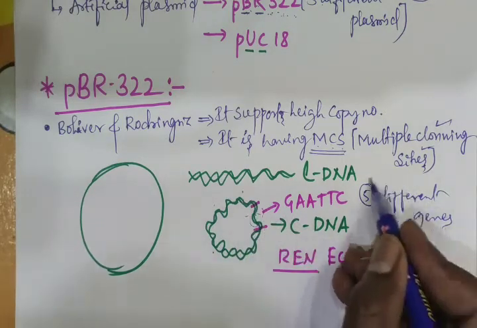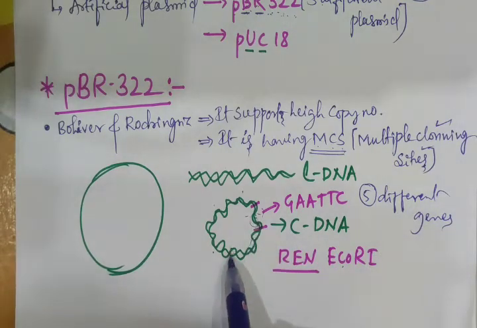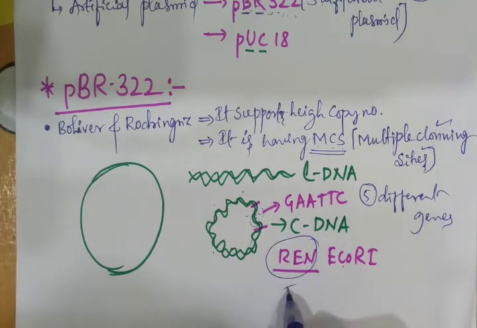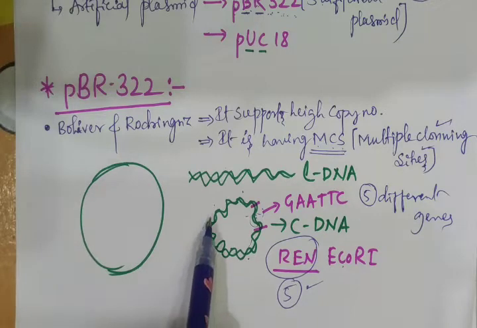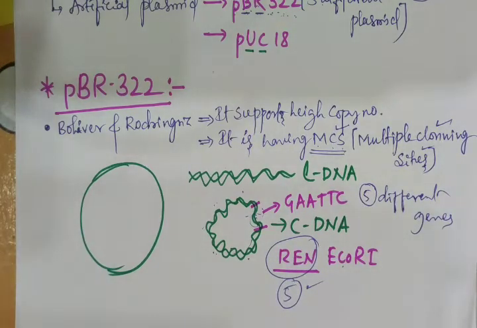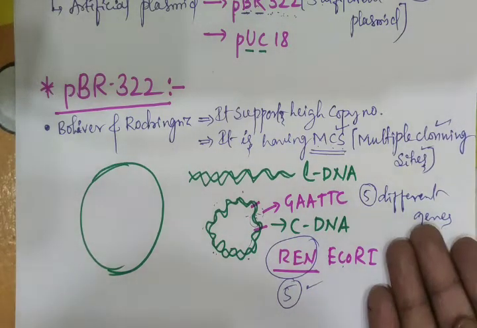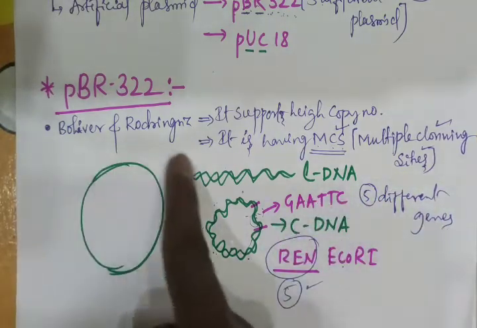But to insert all the 5 different genes, I have to cut this plasmid by using 5 different restriction endonuclease enzymes. That means I need to have 5 different cloning sites. Then it is a multiple cloning site. That means at a time we can multiply different genes by using one vector.